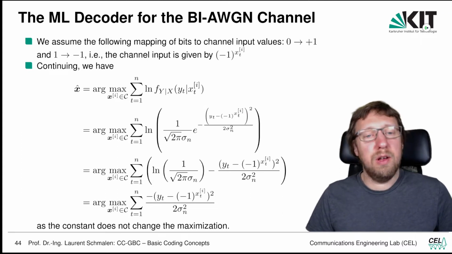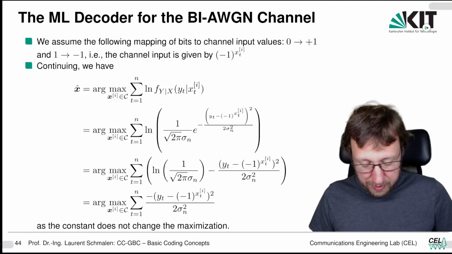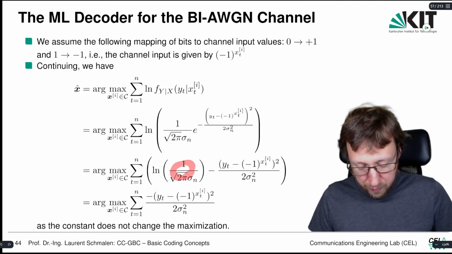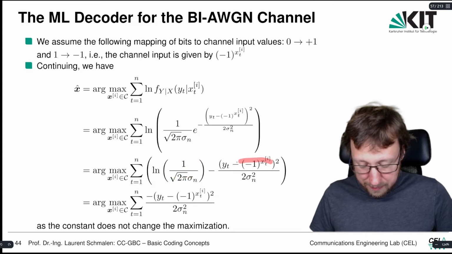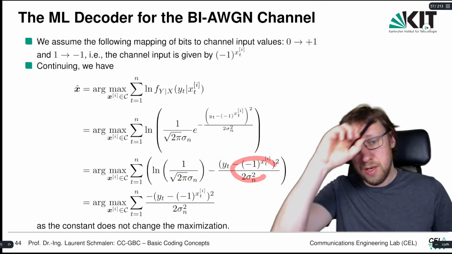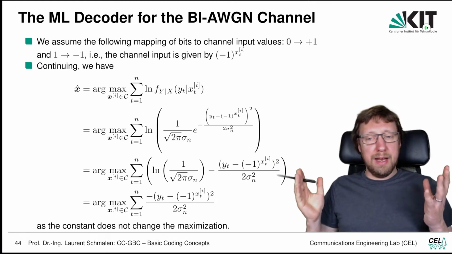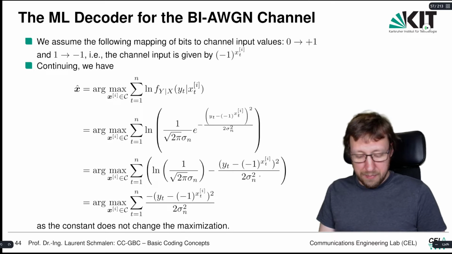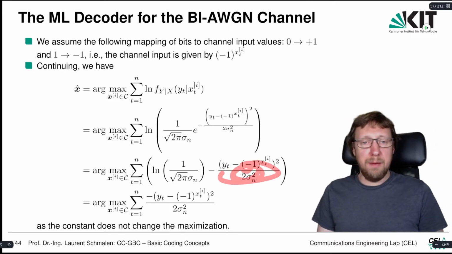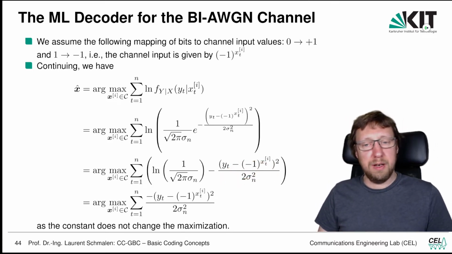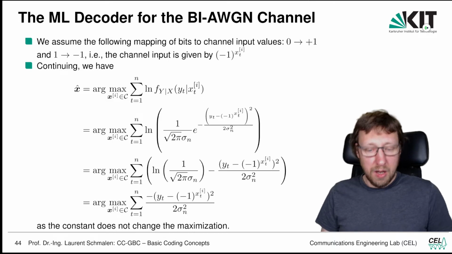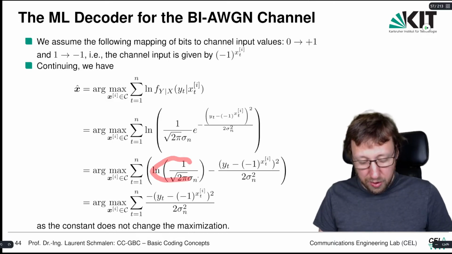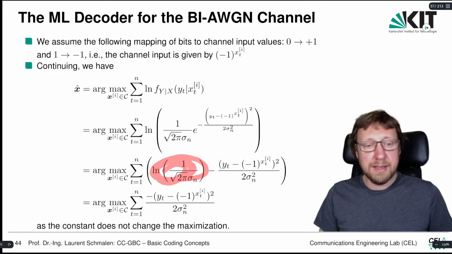So we go ahead, we apply the logarithm. So this is ln over this prefactor and minus this term. The exponential function and the logarithm cancel each other, and then we are left with the argument of the exponential function. Again, this prefactor is a constant. It does not depend on x.